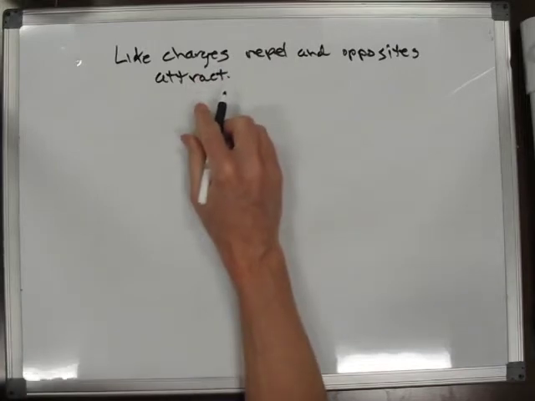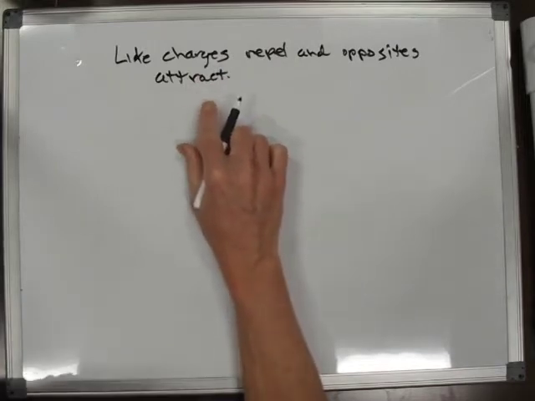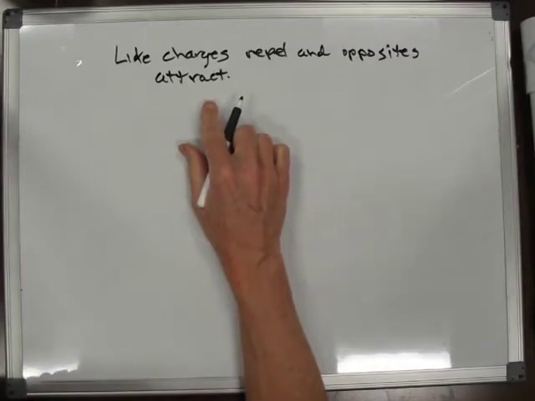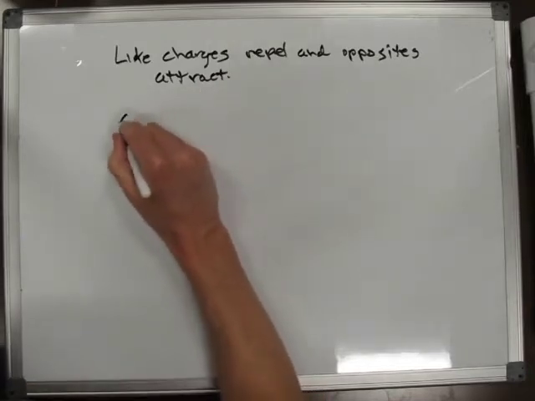So it turns out there's a law for the electrical force between charged particles, and it's been attributed to a French gentleman named Charles Coulomb, but he was not the first. But we call it the Coulomb force.